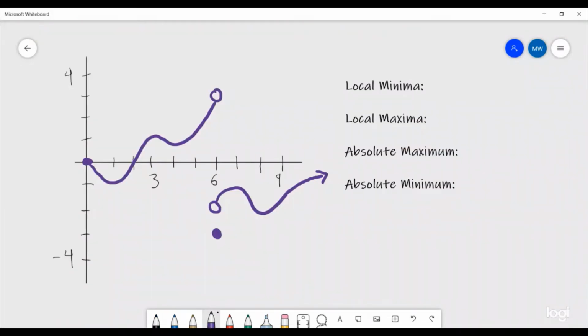Alright, let's start talking about some local maximums and local minimums. So let's say that we were given a graph like this on our test, and we are asked to find all the local minimums and local maximums, as well as the absolute minimums and absolute maximums. Local minimums, depending on your textbook definition, might be allowed to include endpoints, might not.